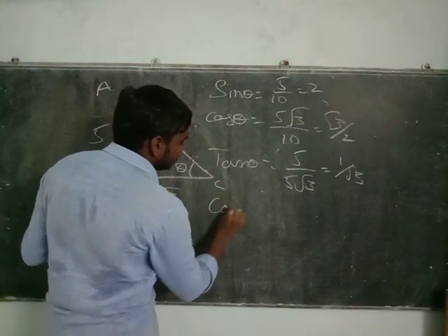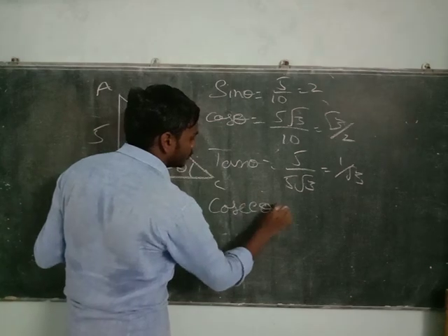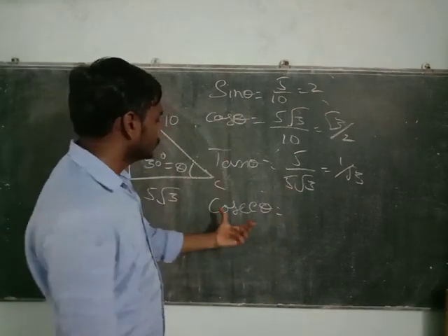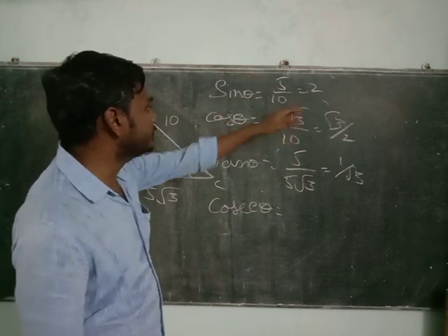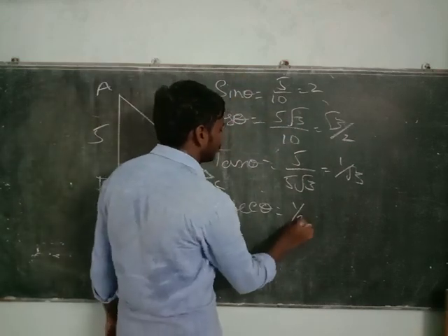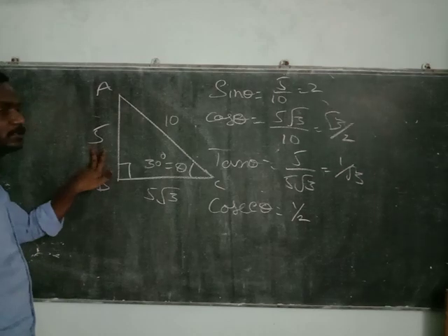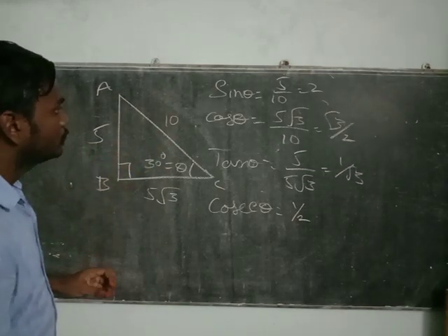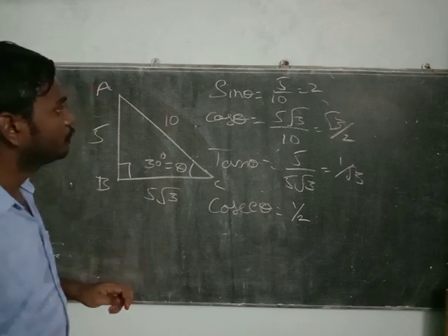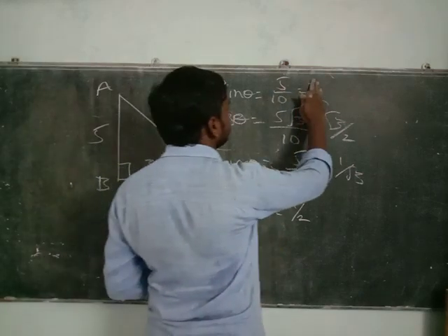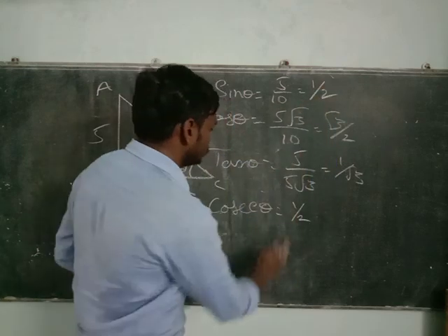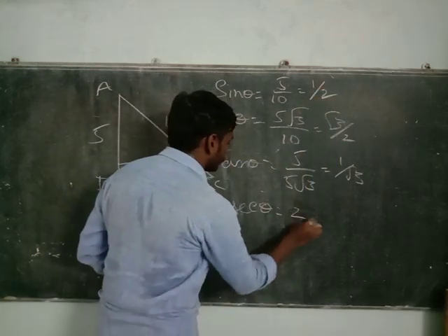And cosecant theta is the reciprocal of sin theta, that is equal to 2. Or hypotenuse by opposite, reciprocal of 5 by 10, that is 2.